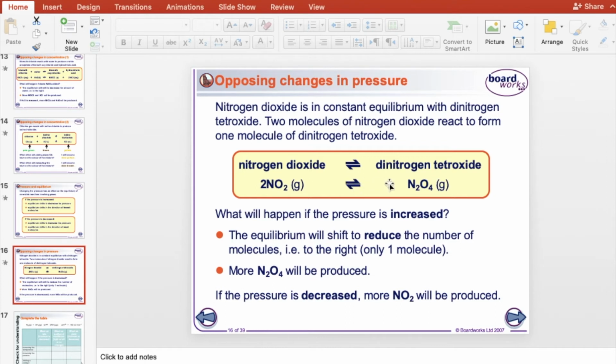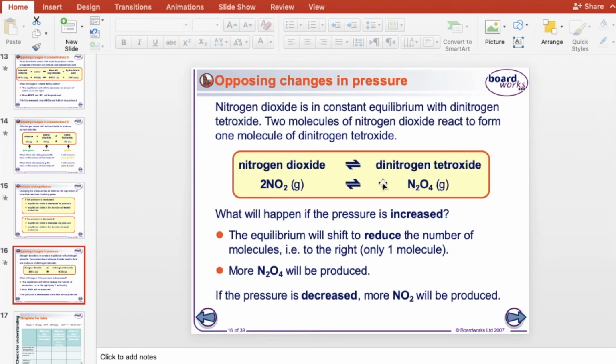It's going to move to this side. Now, if the fewer moles were on this side, it would have moved to that side. So in this case, you have to see which side has got the fewer moles, the fewer molecules. If you increase the pressure, your stressed equilibrium is going to shift to the side with the fewer molecules.